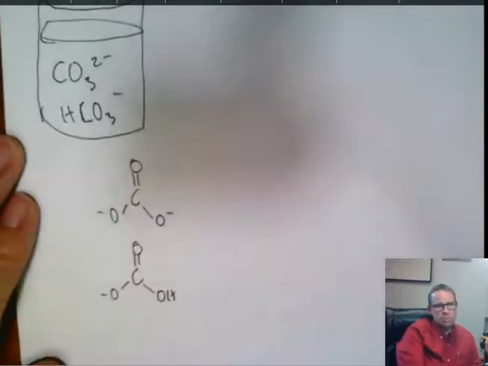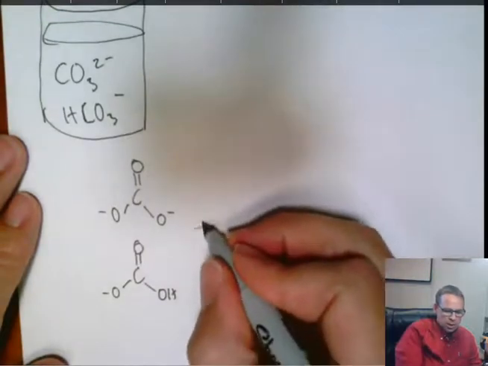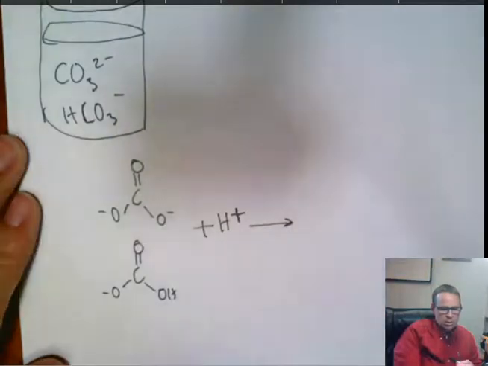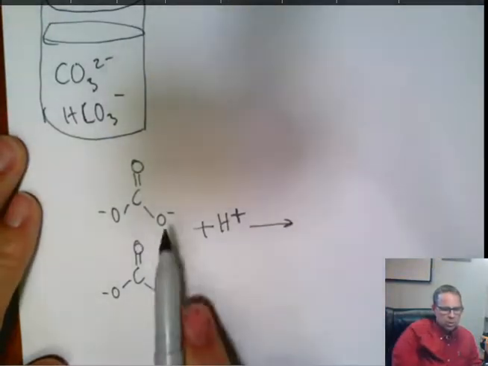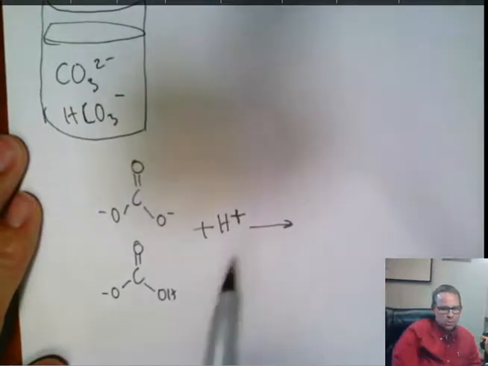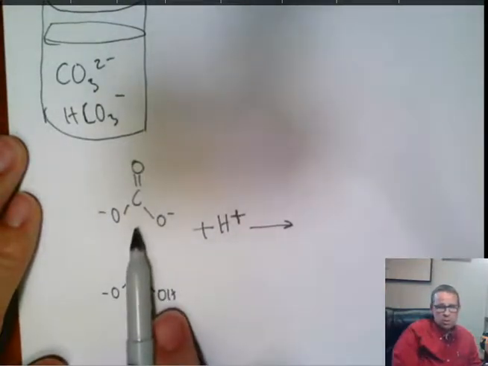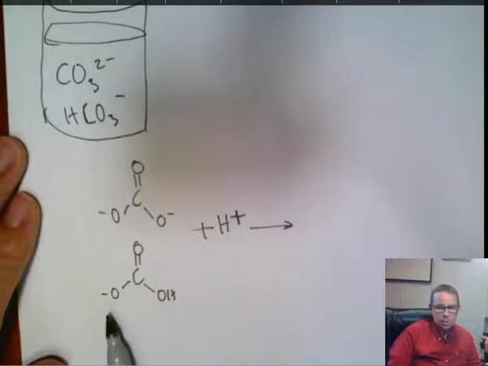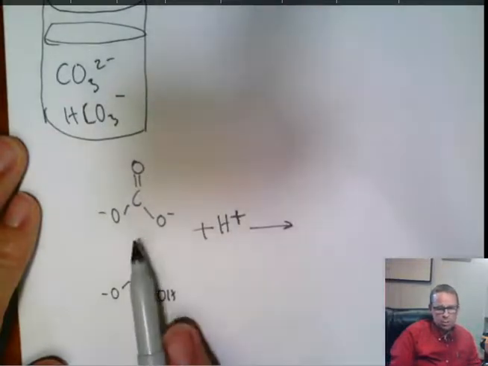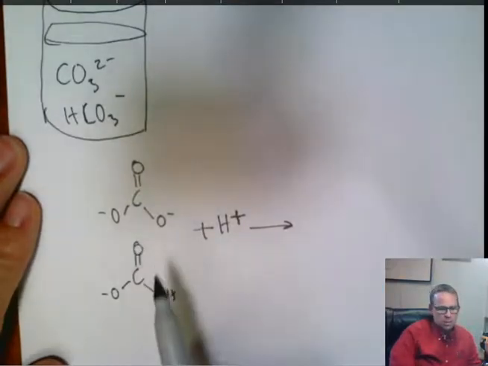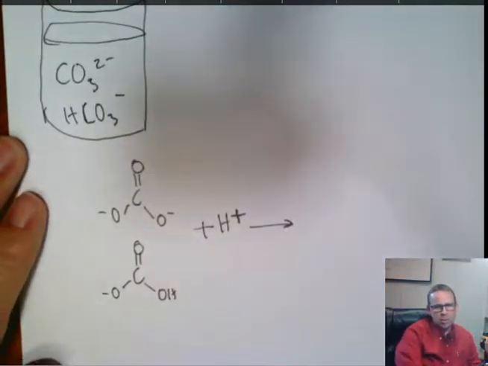We have this mixture, we start with it, and then we start adding hydrogen ion. Now, once we start adding hydrogen ion, the only species of these two that is going to take hydrogens is the carbonate ion, because the bicarbonate ion already has a hydrogen, so it has a weaker affinity for another hydrogen ion, whereas the carbonate doesn't have any hydrogen yet, so it will take hydrogen ion until it becomes bicarbonate.